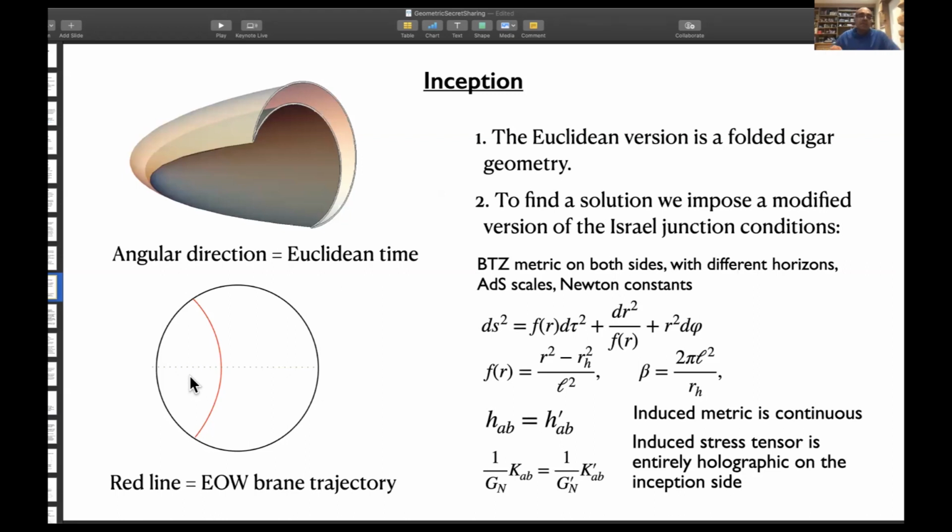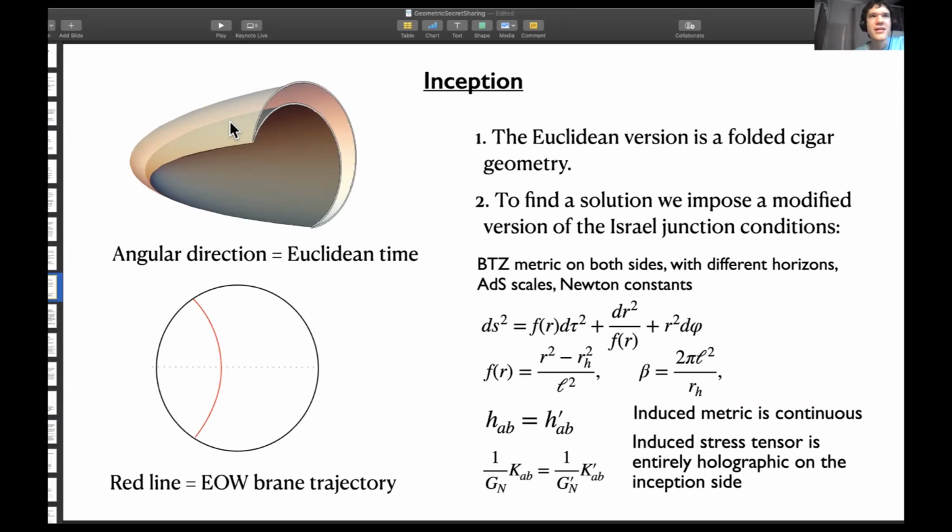Let me explain. Suppose you just had the BTZ black hole and you took the Euclidean BTZ black hole, okay? Then, suppressing the circle, which plays no role in what we're doing, the Euclidean BTZ black hole has the so-called cigar geometry. So what does that mean? You see this outer light circle. By the way, you can't see my mouse, right?